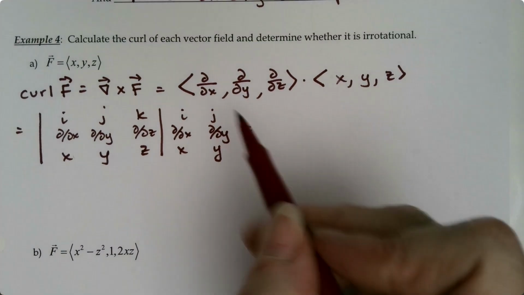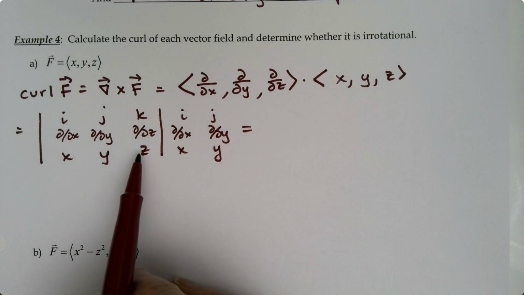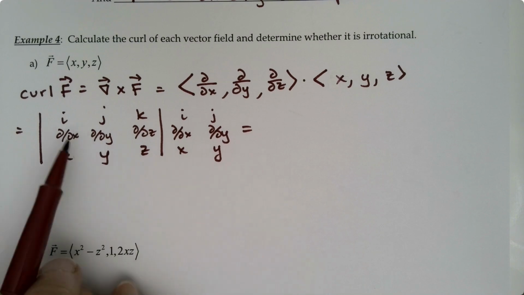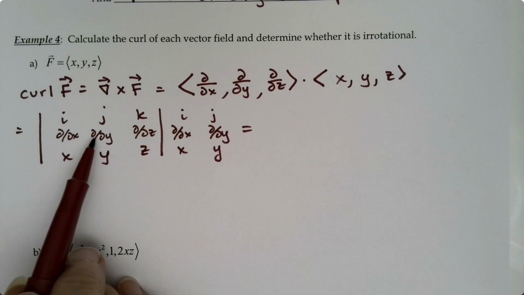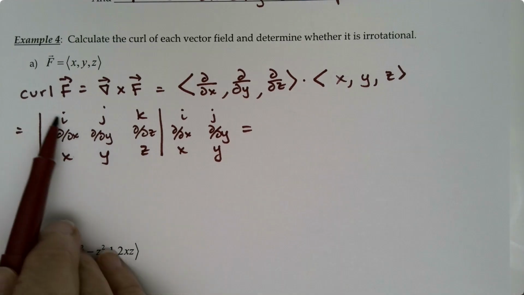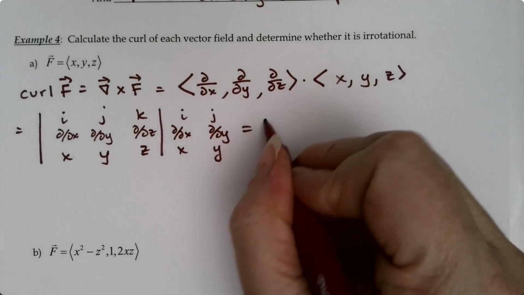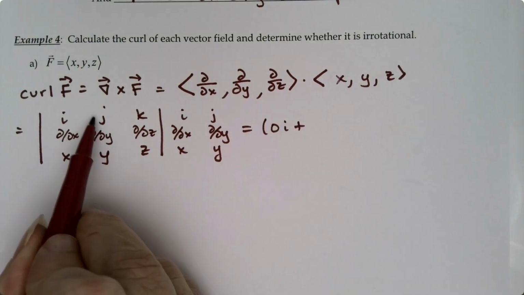And so when we want to find the cross product, you can just kind of do this in your head. So the derivative with respect to y of z, because you're going this way, is 0. So that's 0. All right, go to the next one.